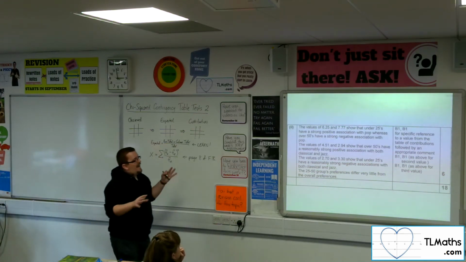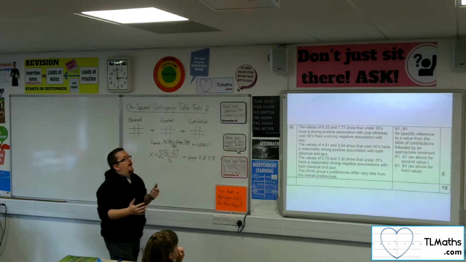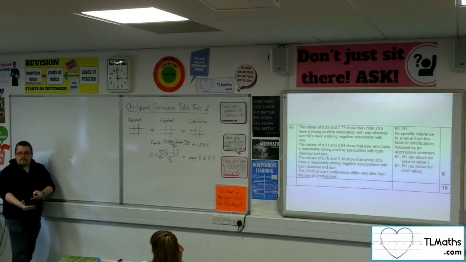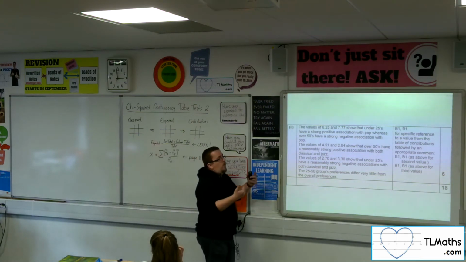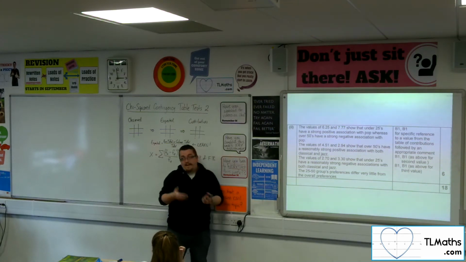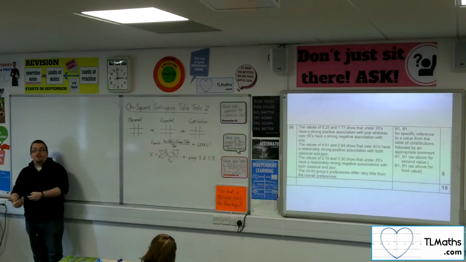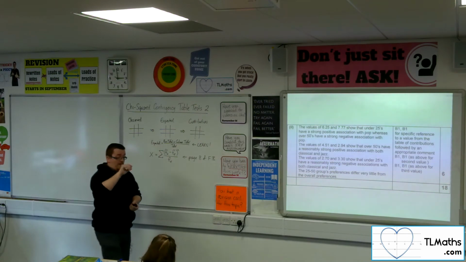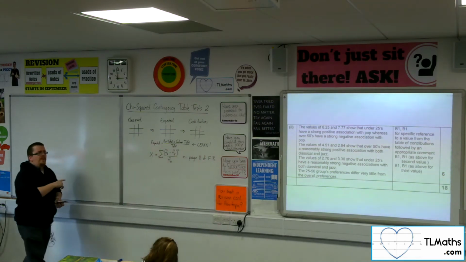Because in this answer, rather than just saying more than expected or less than expected, it talks about a positive and negative association, whereas in a later paper, the mark scheme specifically states that you shouldn't talk about positive and negative association. Now, I'm going to clarify this with MEI, because we saw this last year.